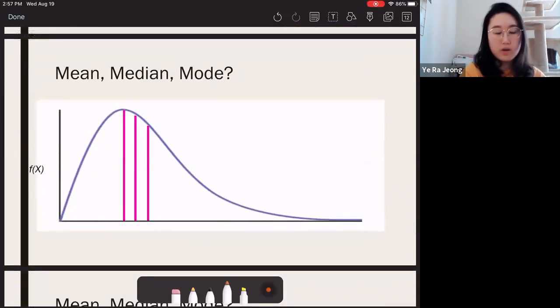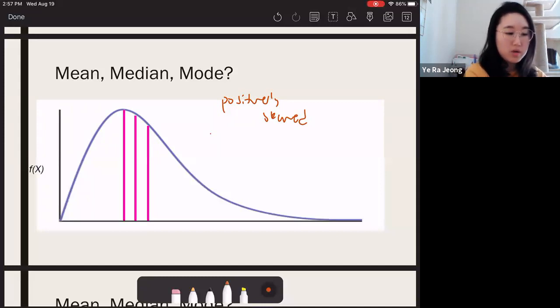How about here? So this distribution is positively skewed. Our tail is tapering off towards the right, on the positive side. The first thing you do is find the mode. This highest point is the mode. And I said mean always gets dragged towards the tail.